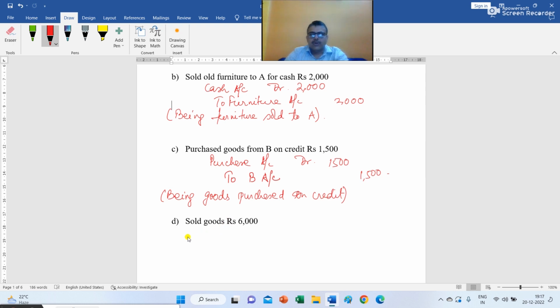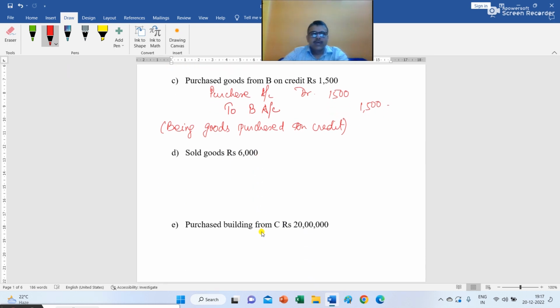Now coming to the fourth journal entry, transaction sold goods for rupees 6000. In the fourth transaction, the goods has been sold for cash. It means there is an inflow of cash. So we have to debit cash. Whenever there is an inflow of cash, you have to debit cash. And the amount is for rupees 6000.